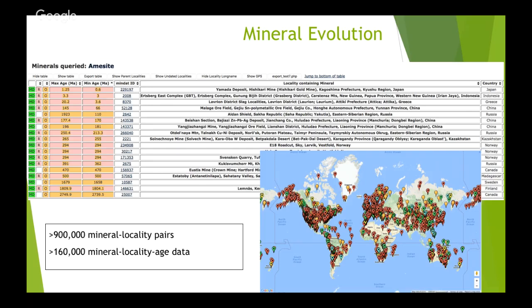They've been working on this for, I don't know, 5+ years, and when we met him, he'd already put most of this together with many hours of his time and a lot of undergrads and grad students. They look at all the localities where minerals are found and look through various scientific literature to find the confirmed first occurrence and the minimum age of the occurrence of that mineral. And then we can use that for analysis.